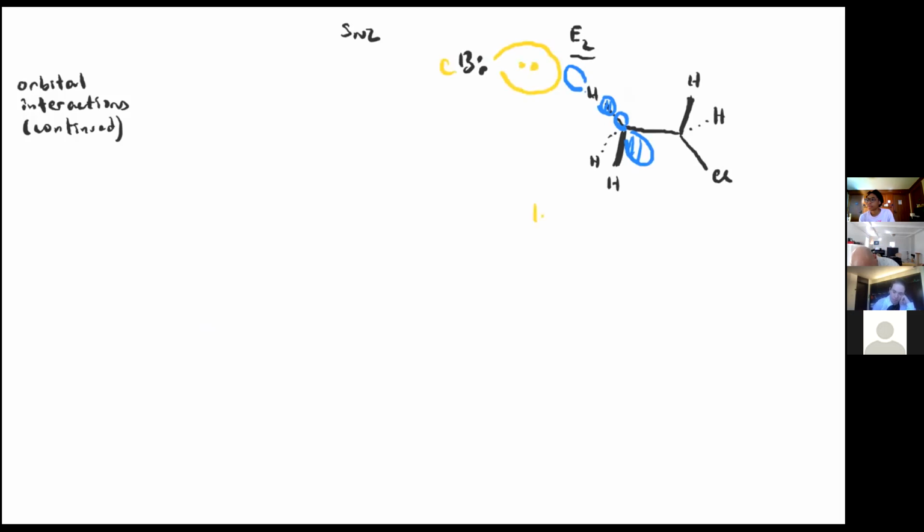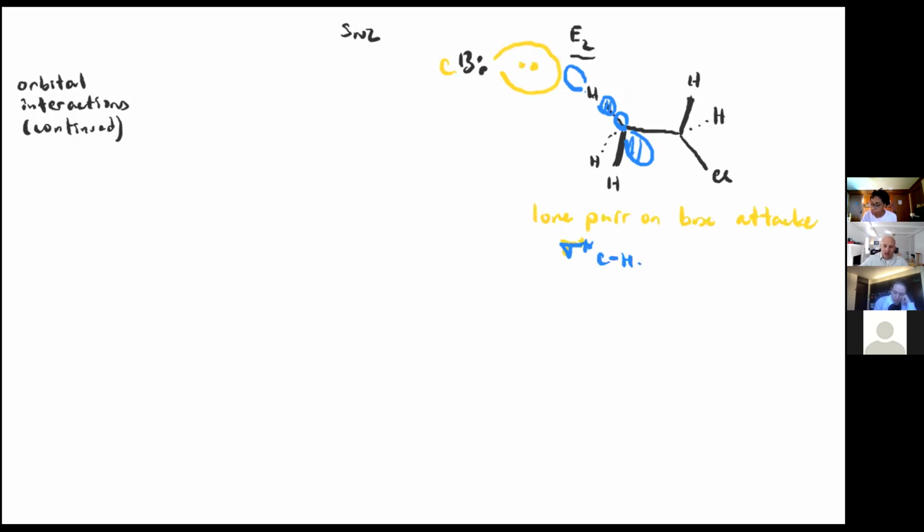So lone pair on base attacks sigma star CH, okay? So there's kind of two things that are going on with the E2, and it's tricky to draw the orbitals in one diagram.